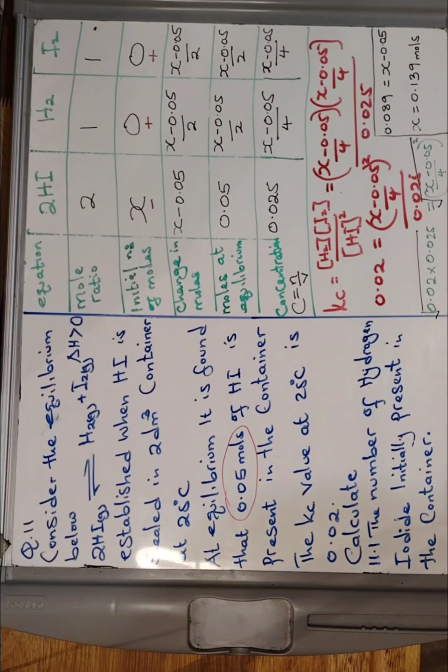Yeah, we get our number of moles of hydrogen iodide initially put as 0.139 moles.